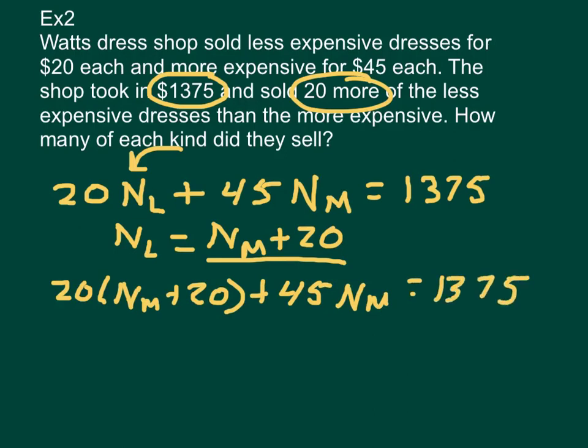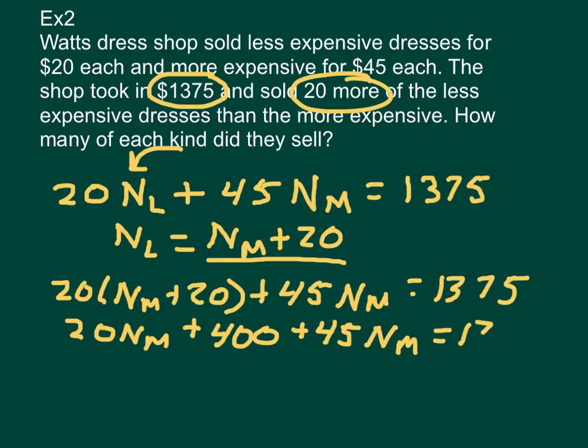Now I'm going to distribute, so I have 20 N_M plus 20 times 20, which is 400, plus 45 N_M equals 1,375.